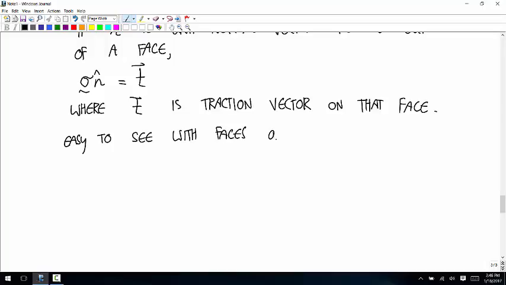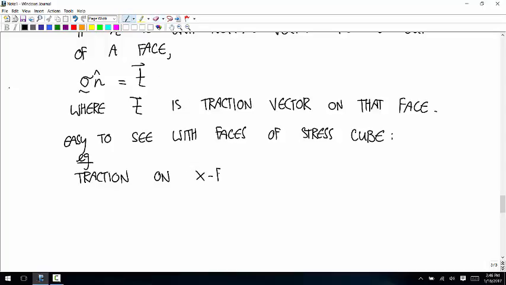So with the faces of the stress cube, for example, the traction on the negative x face. Well, let's do positive first.